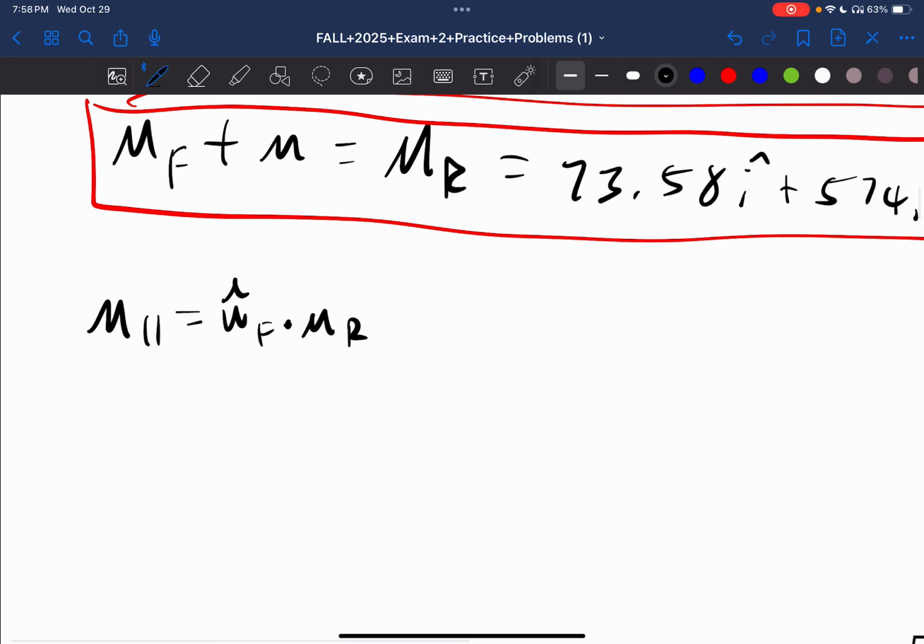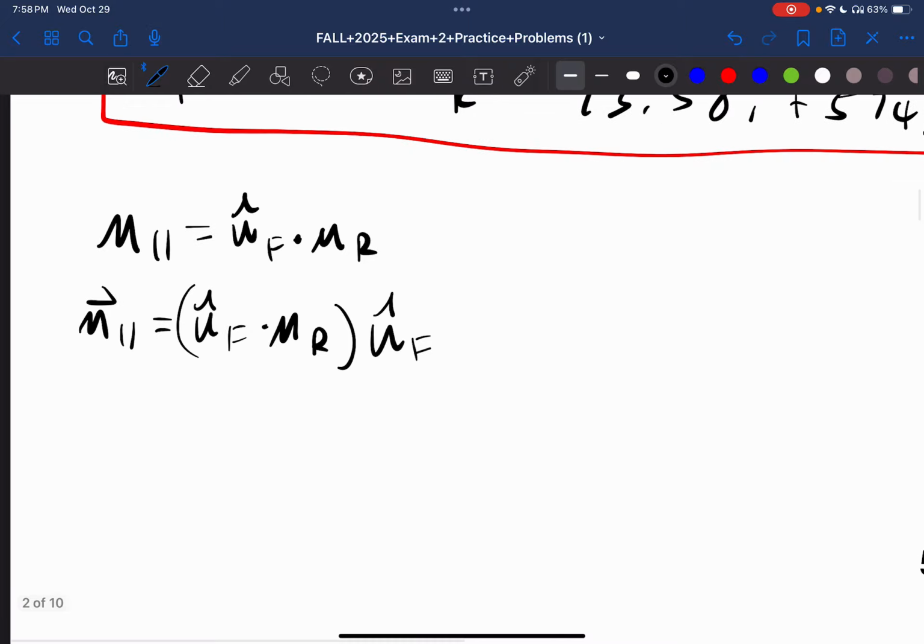That's going to give us a scalar, but we want a vector. So M parallel is going to be equal to the unit vector F dot Mr, times the unit vector F, because we want the moment in that direction, so we just multiply by that.